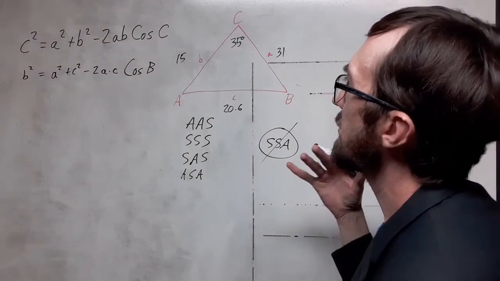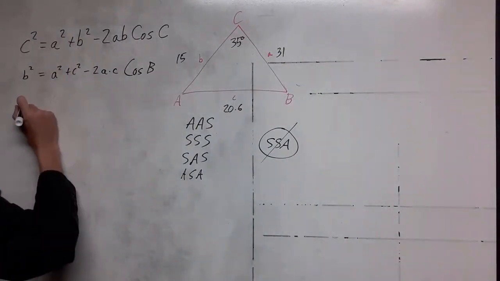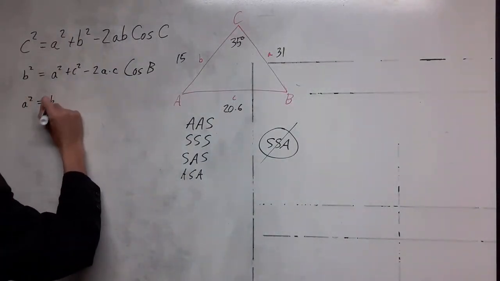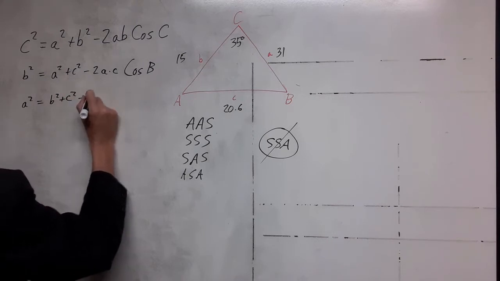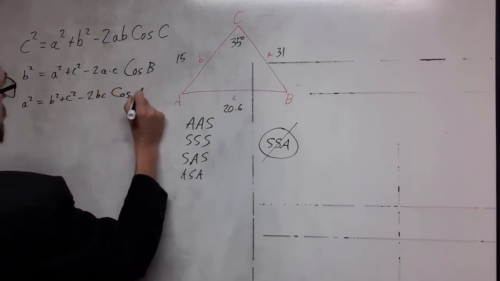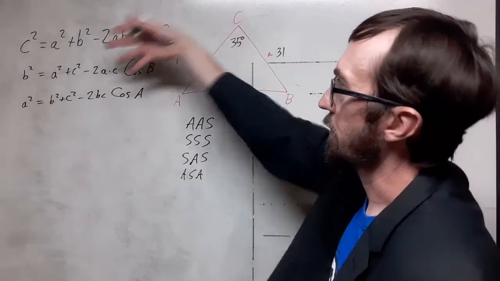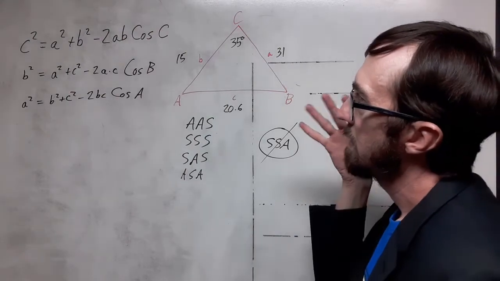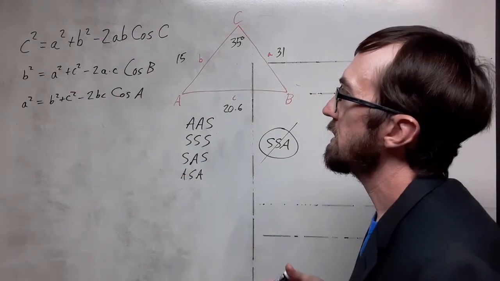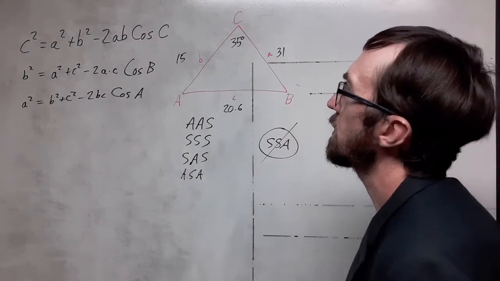Now we can do the same thing for angle A as well. This can be a squared equals b squared plus c squared minus 2bc cosine of a. And there's our 3 forms. We're just looking at the 3 observations to build the equation that we need for the thing that we want to solve for.